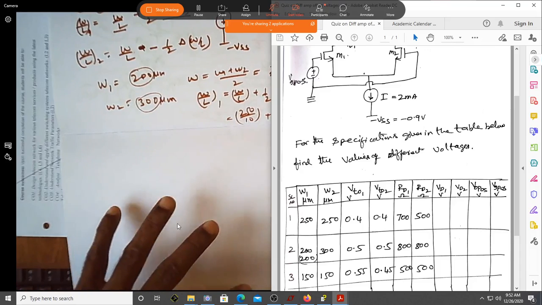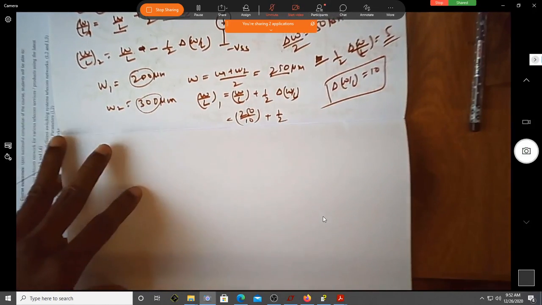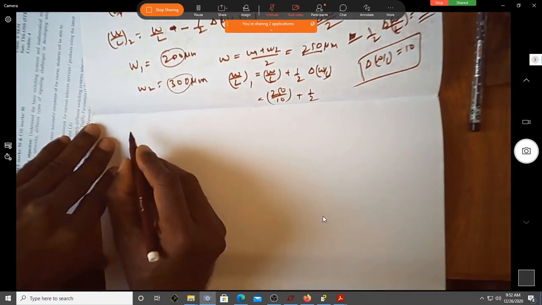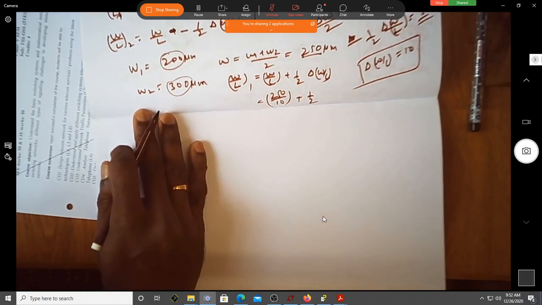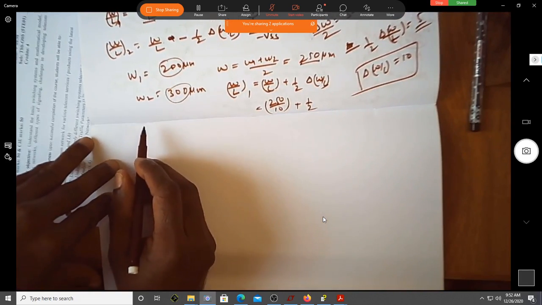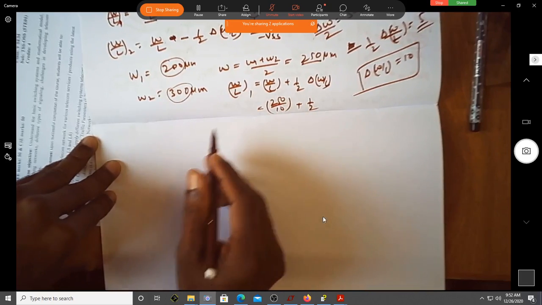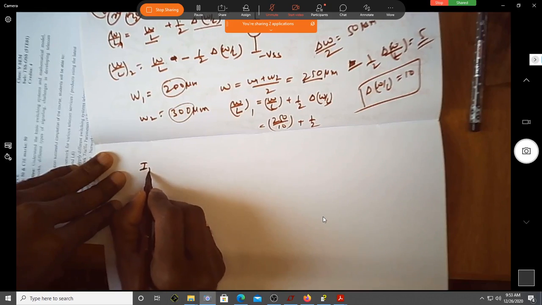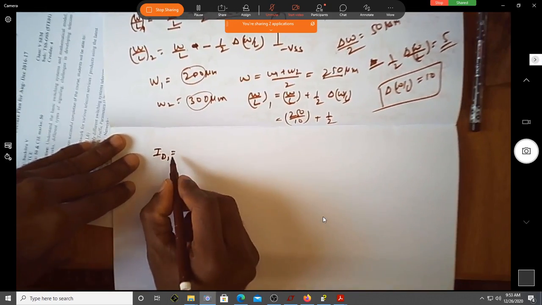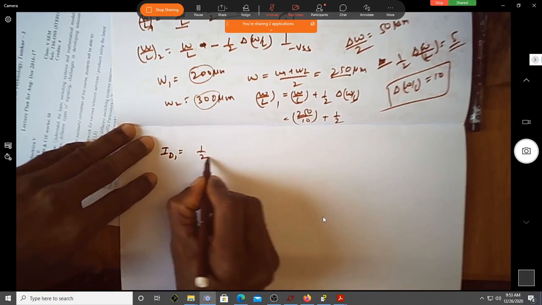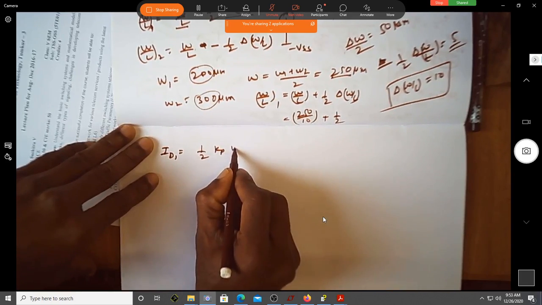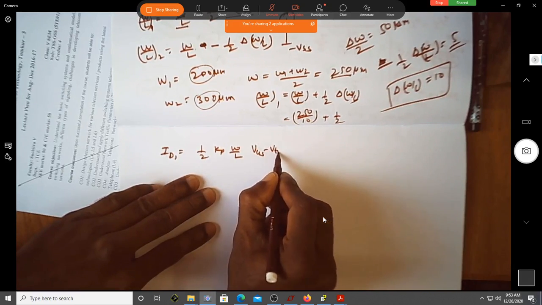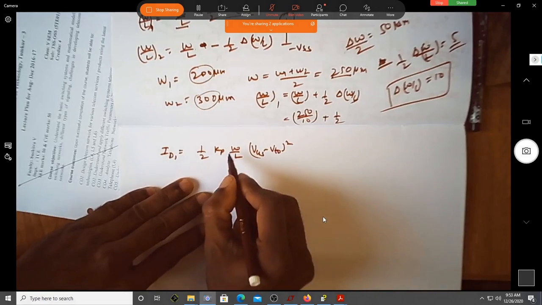Okay, let us try to find out how this will go. What is ID1 equal to? In general, half Kp W by L (VGS minus VTO) whole square.